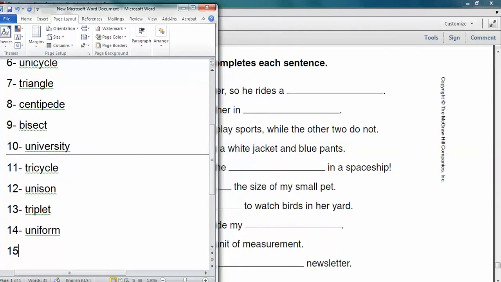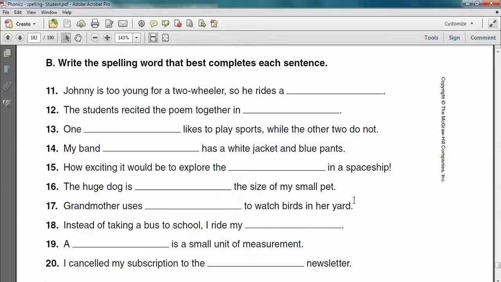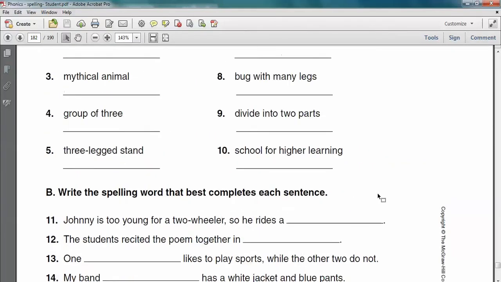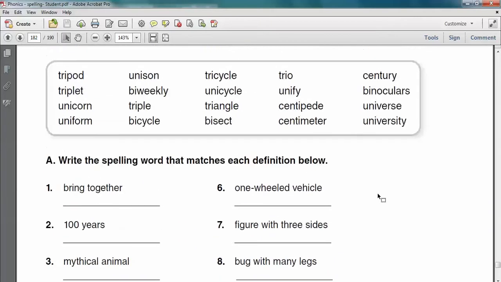After that, number 15. How exciting it would be to explore the what in a spaceship. Of course, to use the spaceship, you should leave our planet, so you will be out in the universe. Here we have it, universe.